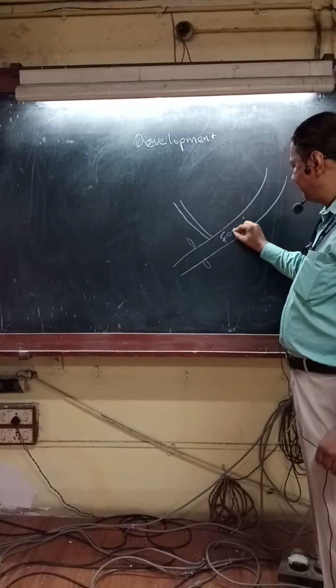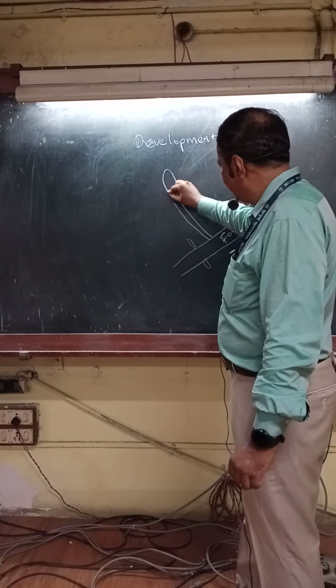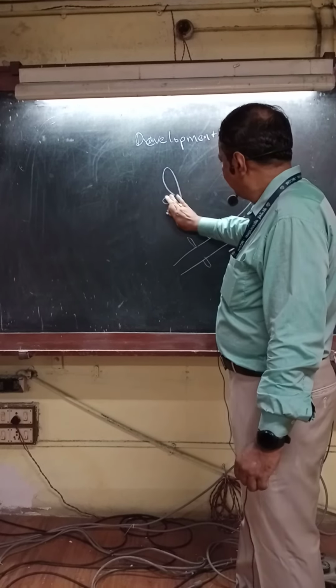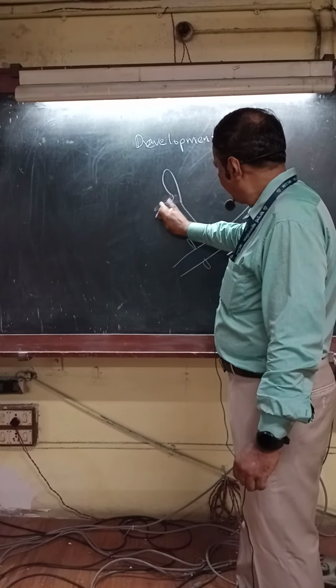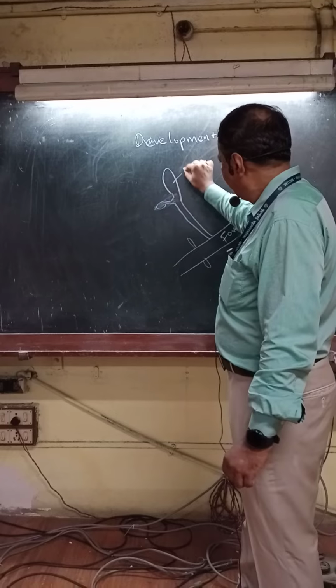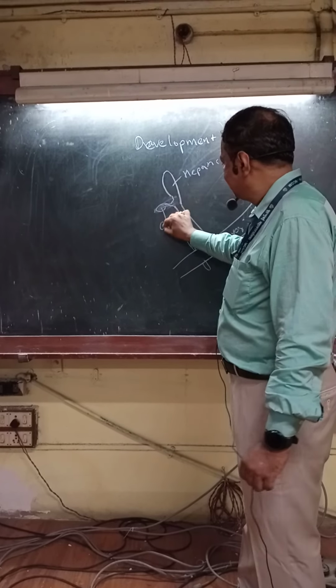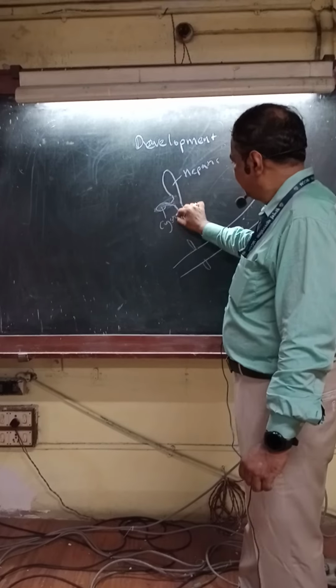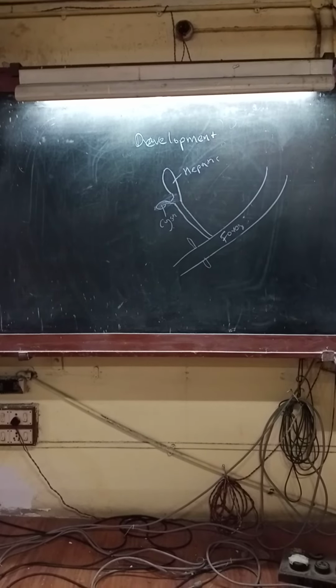This is the foregut, and this bud further divides into two buds. Hepatic bud and cystic bud. The cystic bud gives rise to the gallbladder.